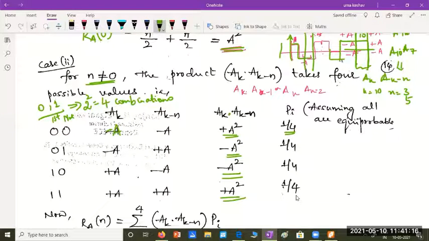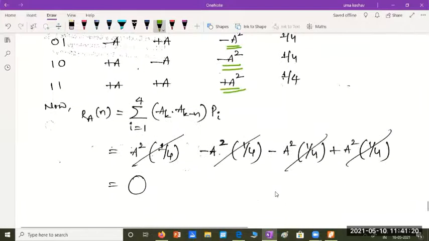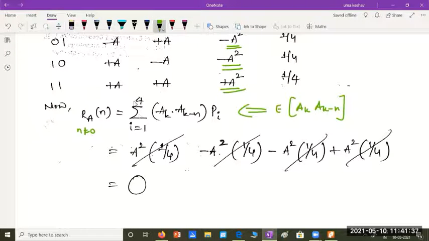Okay. Now, finally, I can find the mean value or the autocorrelation function. Therefore, the mean value Ra of n for n not equal to 0 here can be defined as the expected value of ak into ak minus n, which is defined as summation i is equal to, since I have 4 possibilities in this case.